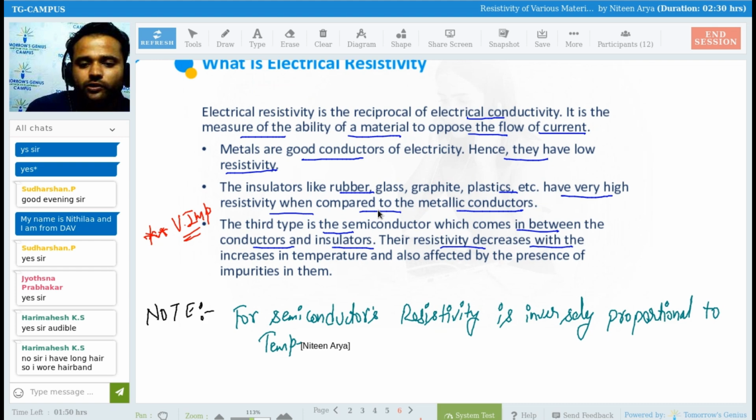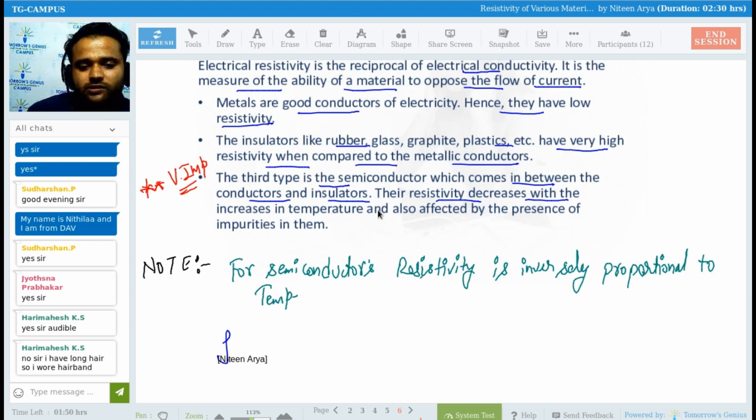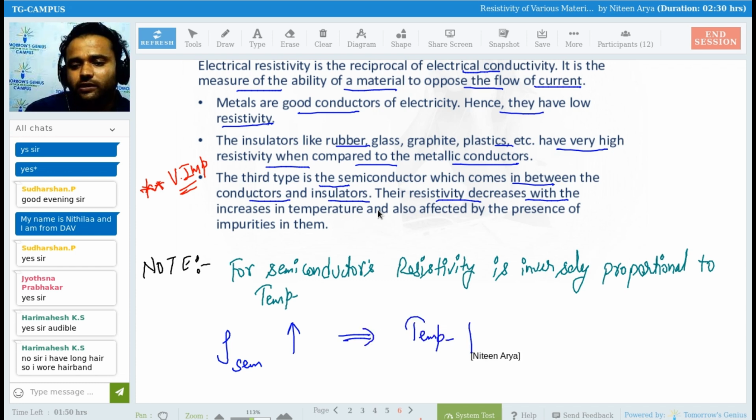What is the meaning of saying that? In the previous class I told you the arrow meaning. Suppose this is the resistivity of a semiconductor. It is going to increase when temperature decreases, or vice versa, it is going to decrease if temperature increases.